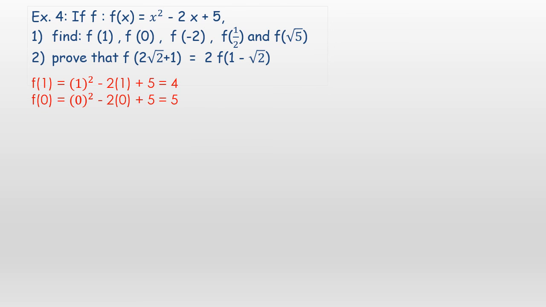Then f of 0 is 0 power 2 minus 2 times 0, so this value is neglected, plus 5, it will be 5. Then f of negative 2: negative 2 in brackets to the power 2 minus 2 multiplied by negative 2 plus 5 is 13. f of half, substituting every x with half, the answer is 17 over 4.